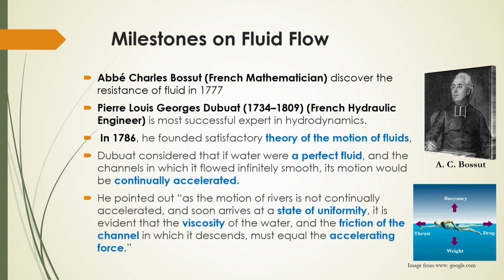He pointed out that as the motion of rivers is not continually accelerated and soon arrives at a state of uniformity, it is evident that the viscosity of the water and the friction of the channel in which it descends must equal the accelerating force.